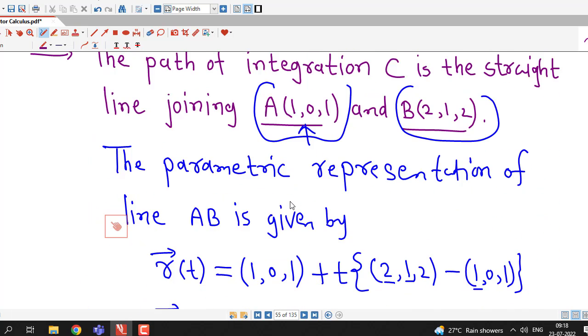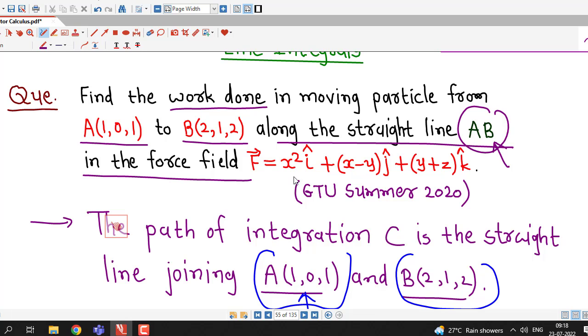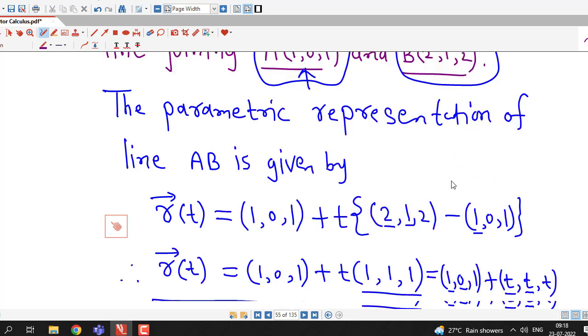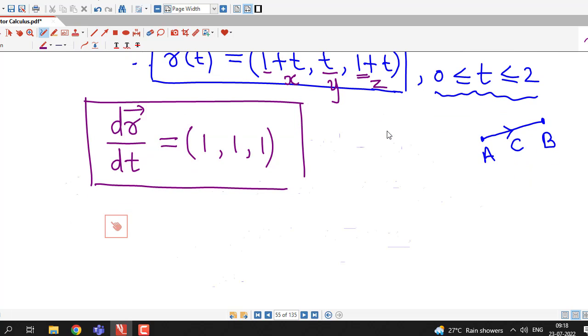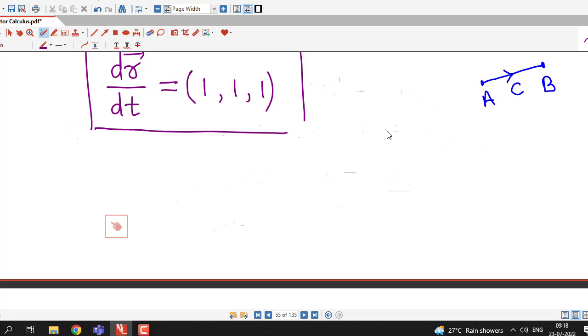And another thing we will require is we have to convert our vector function in terms of t. So in that vector function, we will put x equal to 1 plus t, y equal to t, and z equal to 1 plus t. So now we convert the given vector function in terms of t.